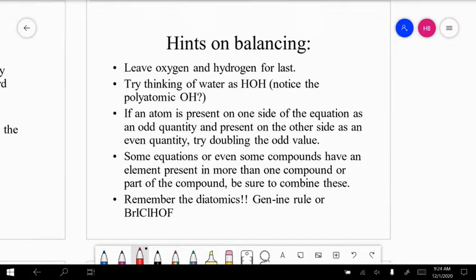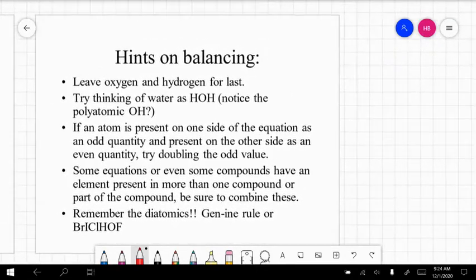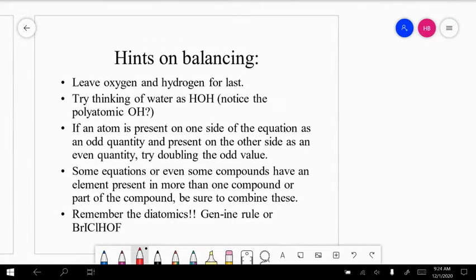Next, it says remember diatomics. I have another video on that, but I'm going to summarize it for you. So, the Janine rule or Brinkelhoff. Brinkelhoff is bromine, iodine, chlorine, fluorine. Those are our INE elements.